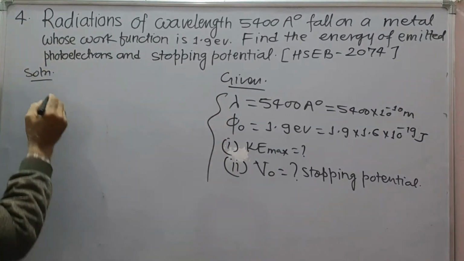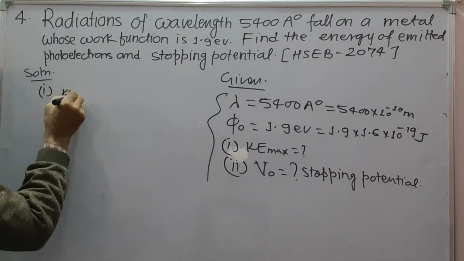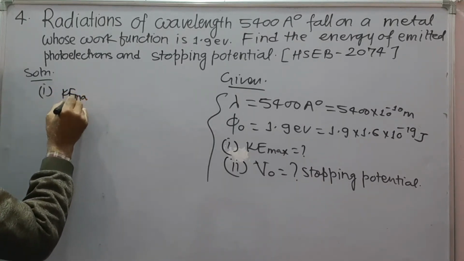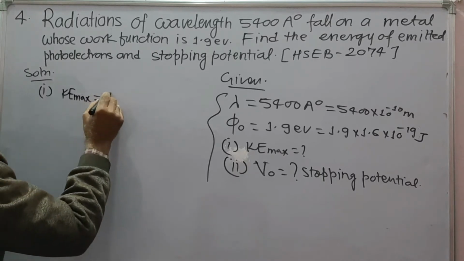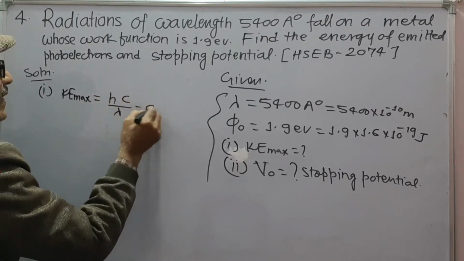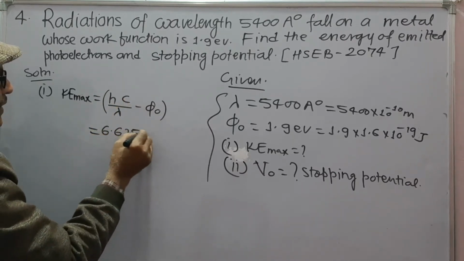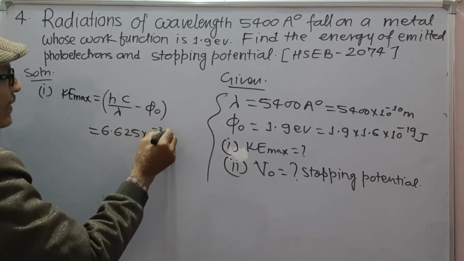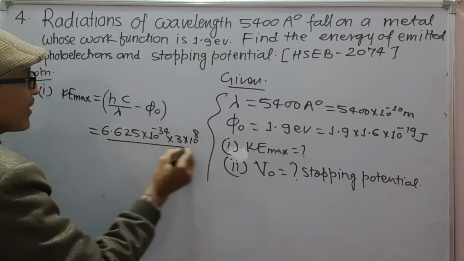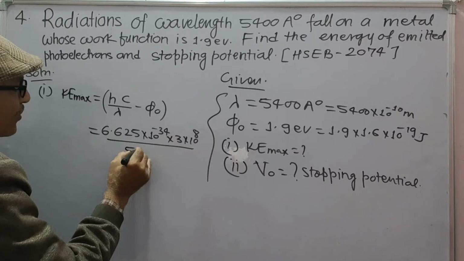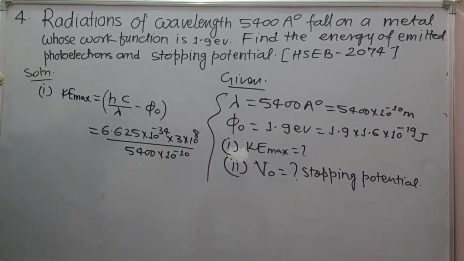Now first, Einstein's photoelectric equation: KE max is equal to hc upon lambda minus phi naught. h is 6.625 × 10^-34, c is 3 × 10^8 meters per second, the velocity of light in vacuum, lambda is 5400 × 10^-10, minus phi naught.